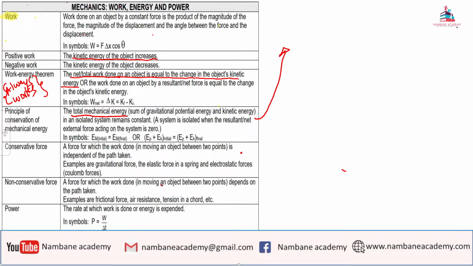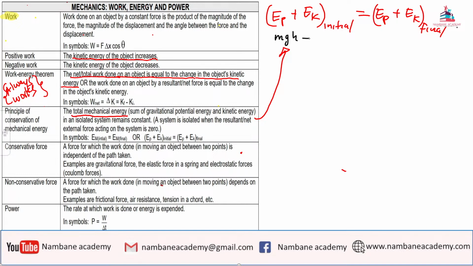The total mechanical energy. So it basically says to me, I am going to have EP plus EK at a certain specific position. So I am going to say EP plus EK initial is equal to EP plus EK final. It's easy to see. Or from grade 10 also, we know that this is just mgh plus half mv squared initial.